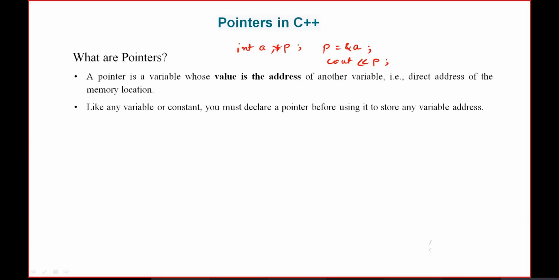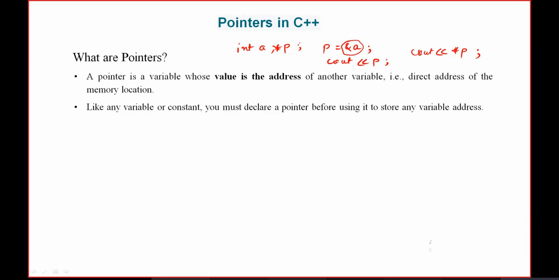Now, moving ahead, if we say that we want to access the value of a through the pointer p, then we know we have to write something like this. Instead of p, if p is going to give me the address of a, definitely it's going to give me the address of a because it stores the address.